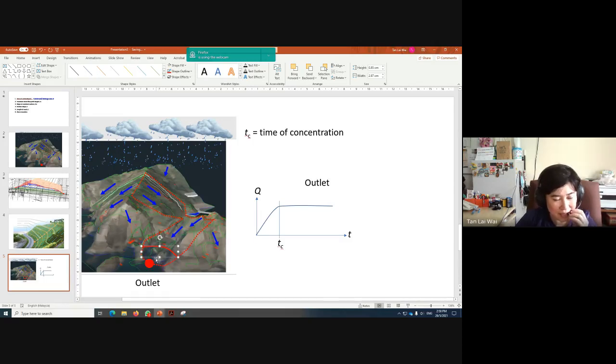For the first minute, the area that will be draining out from the outlet at the red circle here is the one that I draw, the boundary within this area that will drain at the outlet.